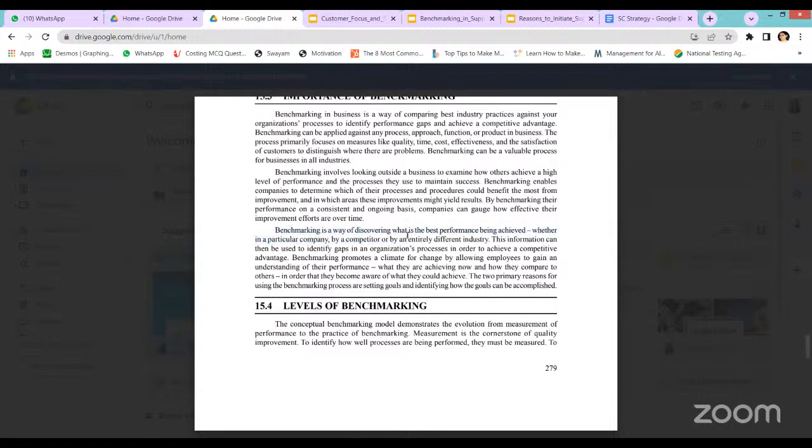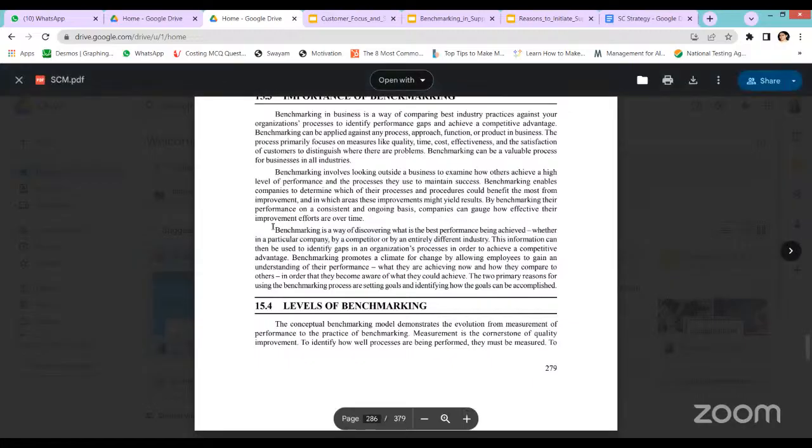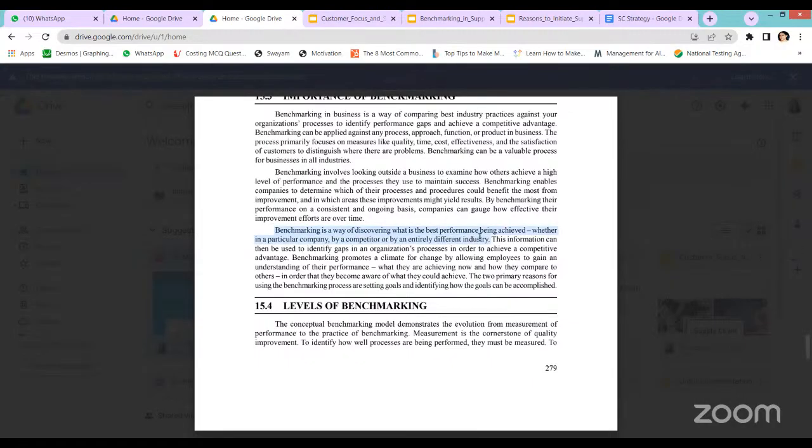In the other way, we can say benchmarking is discovering what is the best performance being achieved, whether in a particular company, by a competitor, or by an entirely different industry. It is not necessarily within the same industry. It's not necessarily that you compare your results with your friend who is doing the operational management diploma.